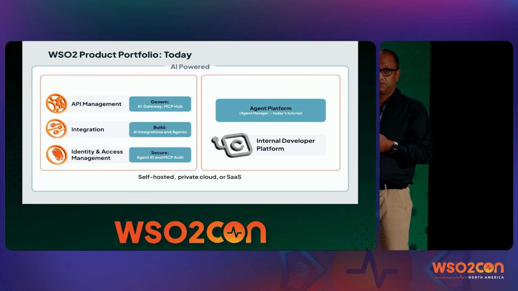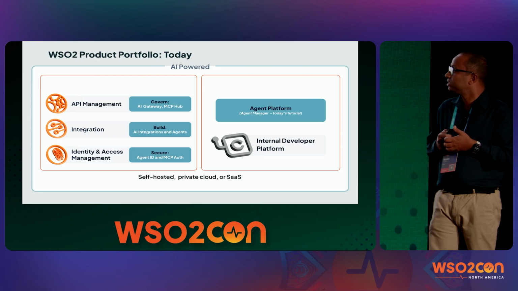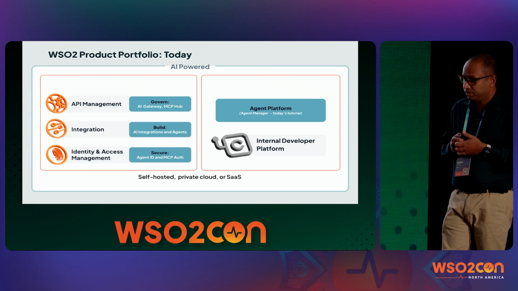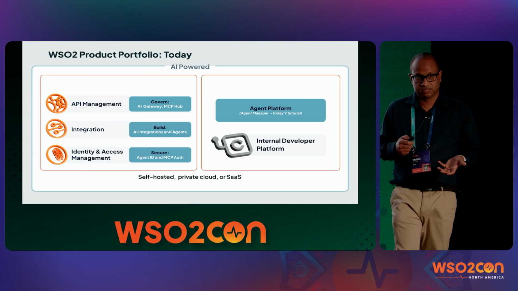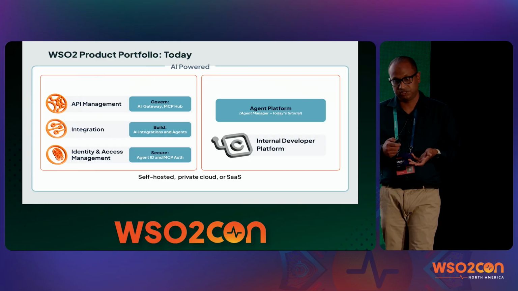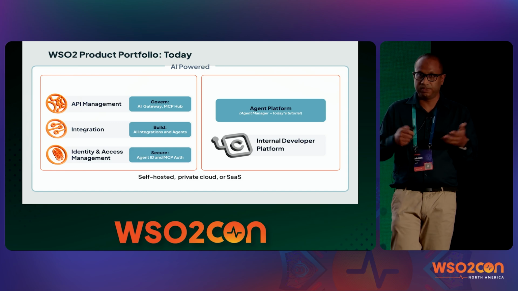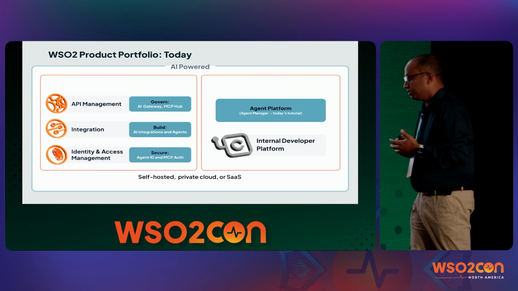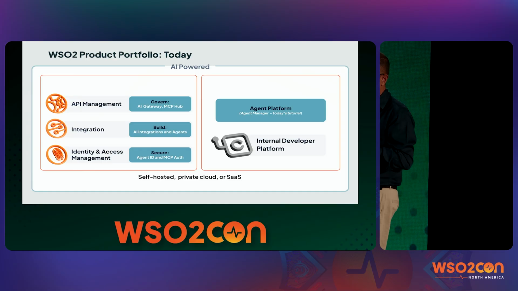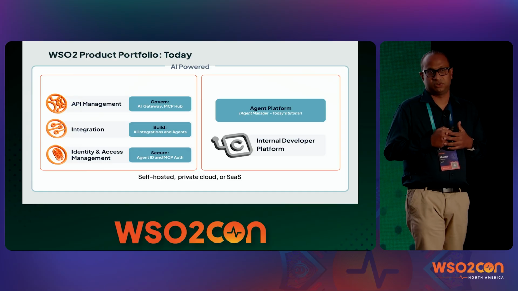Then identity and access management has released agent identity, which is becoming very important, and so on. The new product which we are launching, the WSO2 Agent Manager, is an open control plane, and it combines multiple capabilities of these products, and it's the first AI product of WSO2.